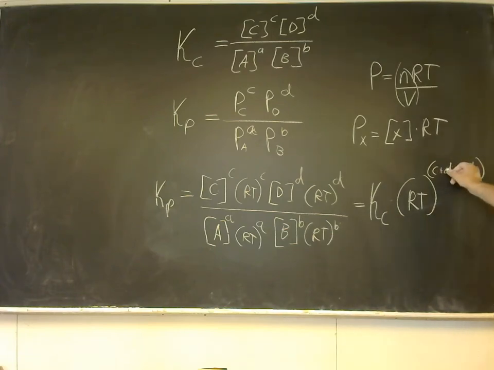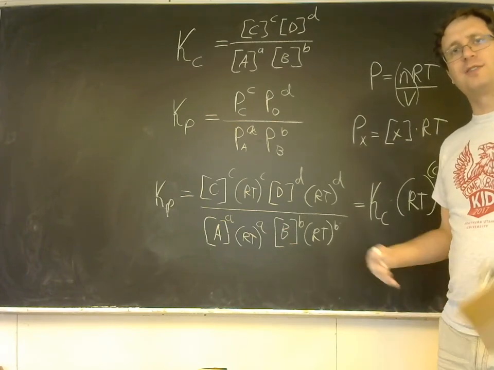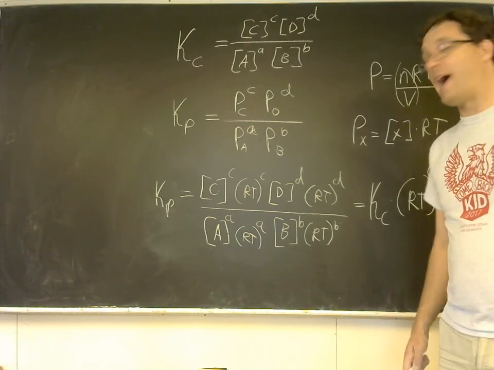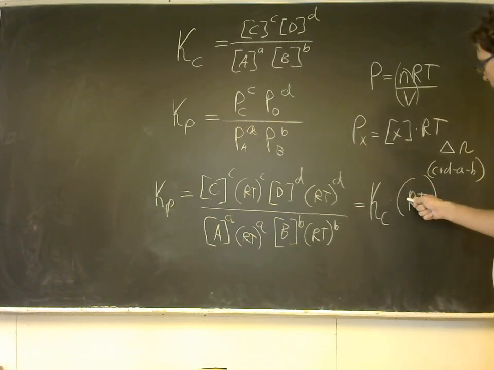And c plus d minus a minus b, this is what we're going to call delta n, the change in the number of moles of gas in a given reaction. So Kp is equal to Kc times RT raised to the power of delta n.